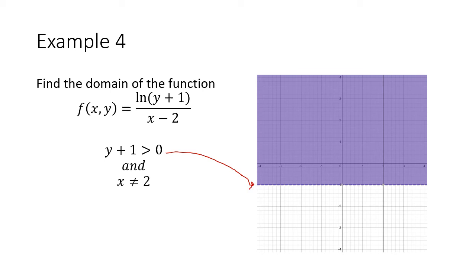Just pay attention as well that when we do this one and it is a strict inequality, notice how it is a dashed boundary line. We use a dashed boundary line for our strict inequalities because I cannot include those values. I cannot include anything on the line y equals negative 1. And then we also have x cannot be equal to 2, which is denoted by that line there.